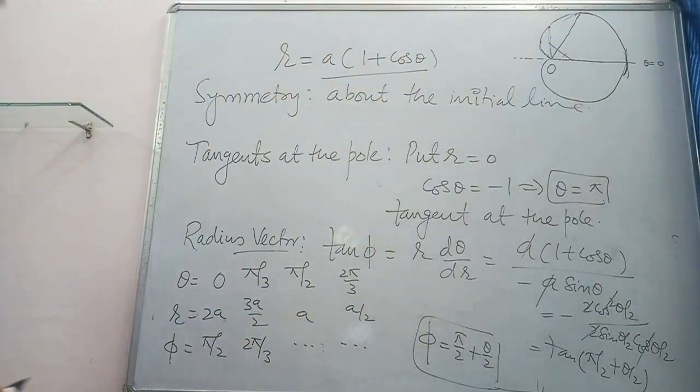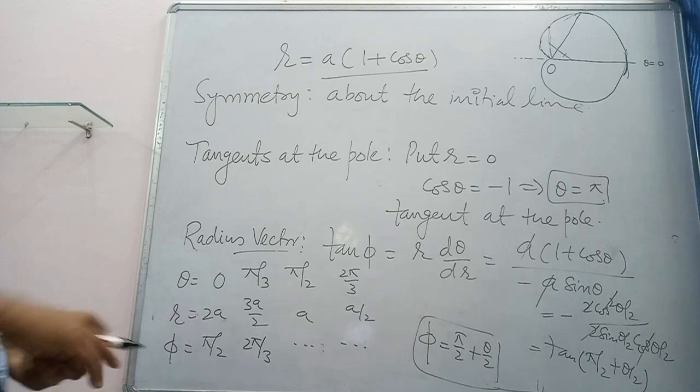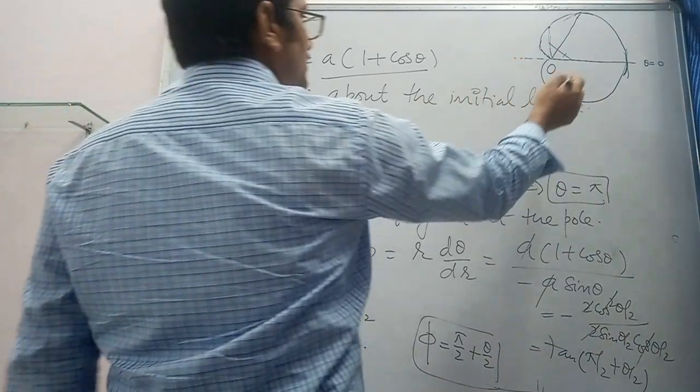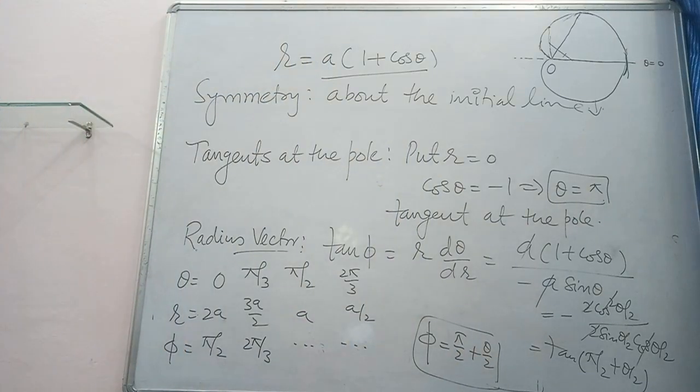So by combining all these points we can trace this curve. Its shape is like the cardioid or heart of a man. So we have traced this curve.